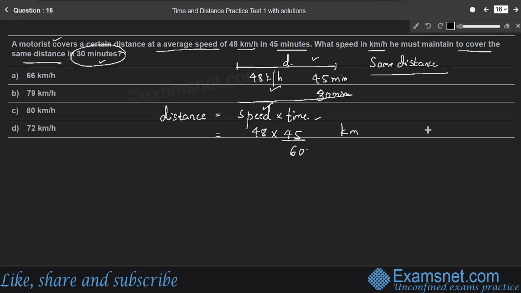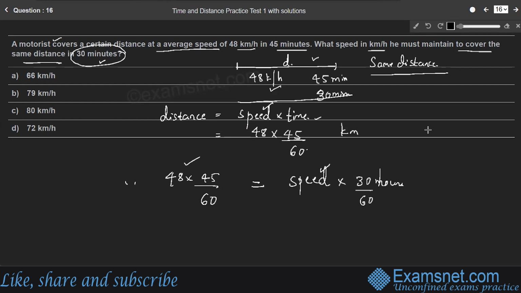Therefore, we can equate this distance. Therefore, 48 into 45 by 60. To cover the same distance, the speed into the time, which is 30 minutes, in terms of hours it is 30 by 60 hours. Speed into time is equal to distance. Here, in the second case, what should be the speed?